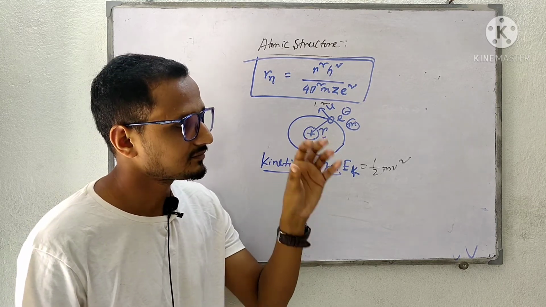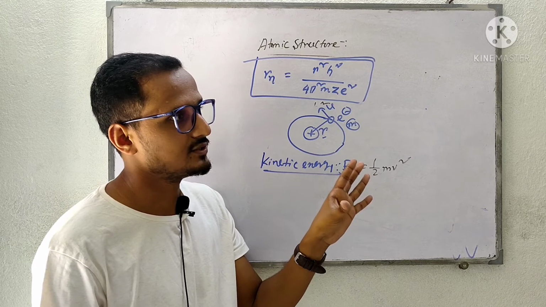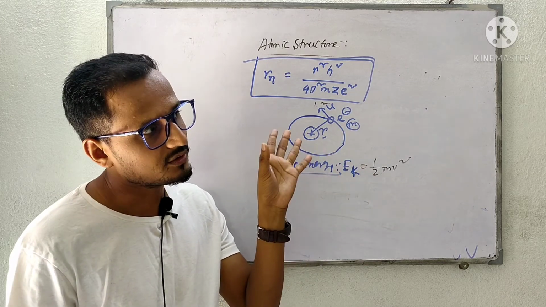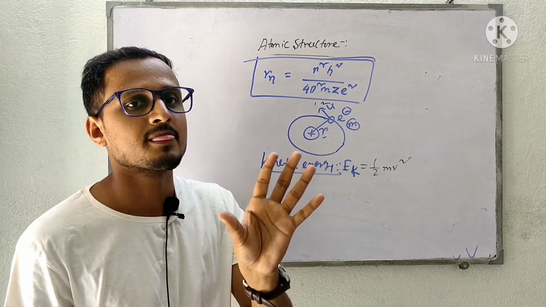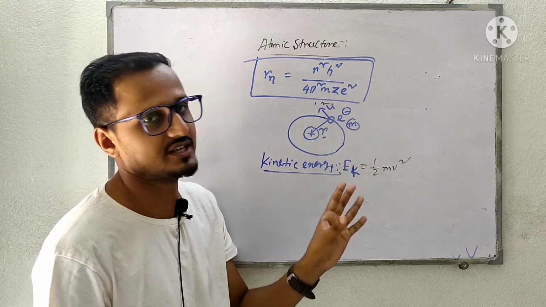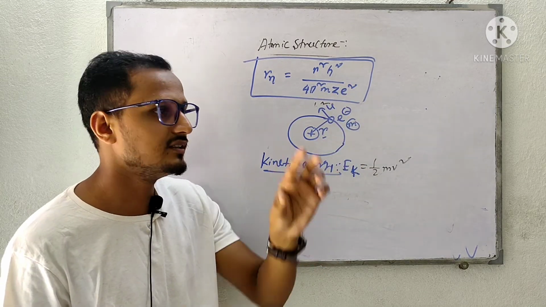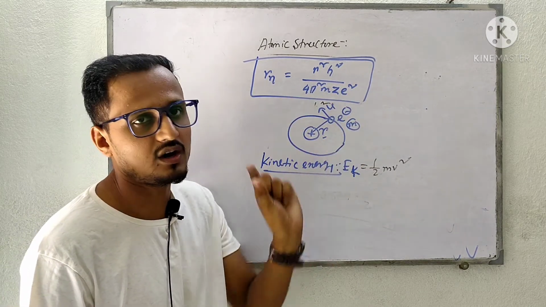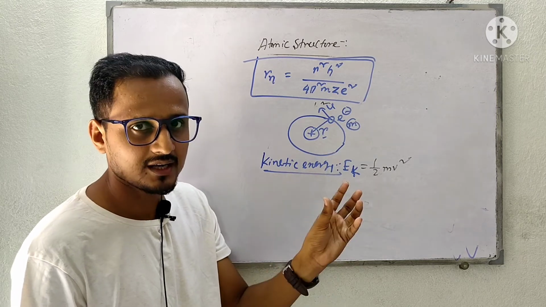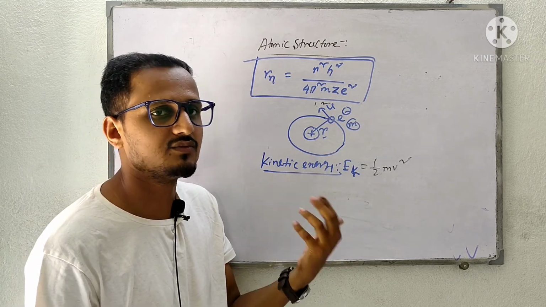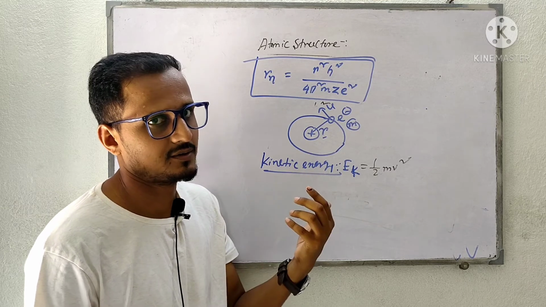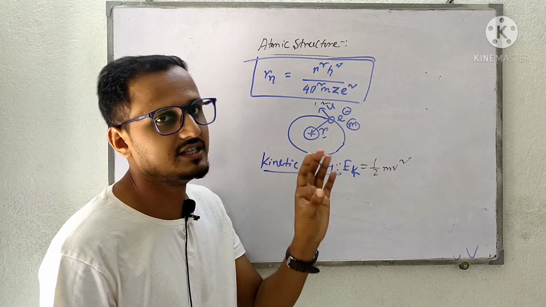In that case we have to sum an infinite number of work done, so we will integrate, within the limit infinity to r, the centripetal force Z square by r square with the function dr.